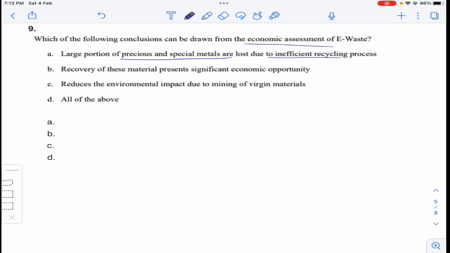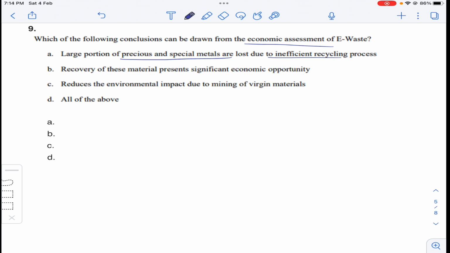So, when we are able to recover these materials, then we can use the same materials in some other locations. If we are able to recover these materials, we can produce some more electronic goods, and this reduces environmental impact due to mining of virgin materials.